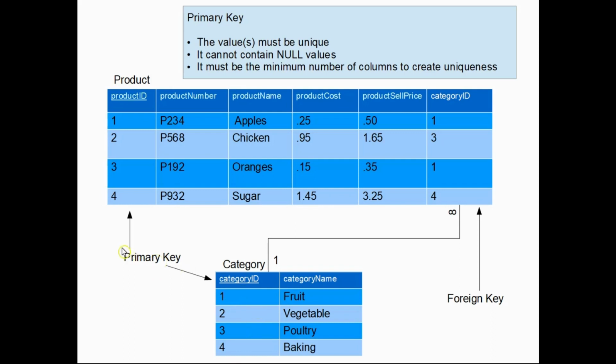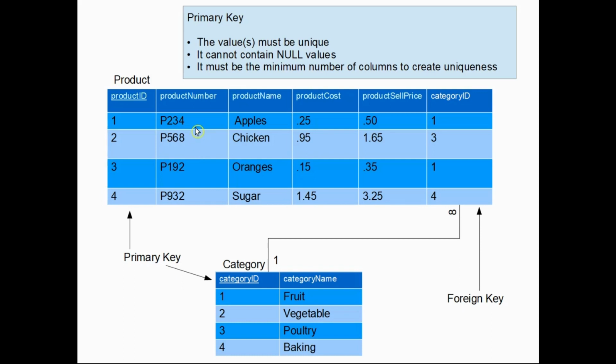The third characteristic of a primary key that most people don't talk about is that it must be the minimum number of columns to create uniqueness. In this case, I have a single column, but you're going to see later when we do the normalization that this last one is very important, or else you actually end up with an improper design. In this case, I have one column that I can use for uniqueness. You'll notice that the product number column, if every product has a unique product number, could have been used as a primary key.